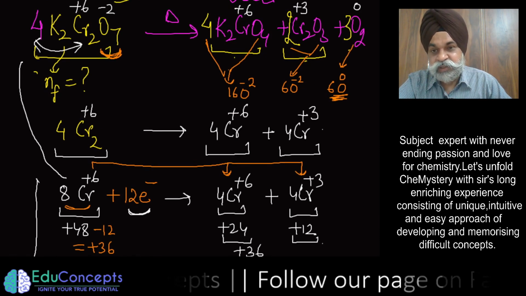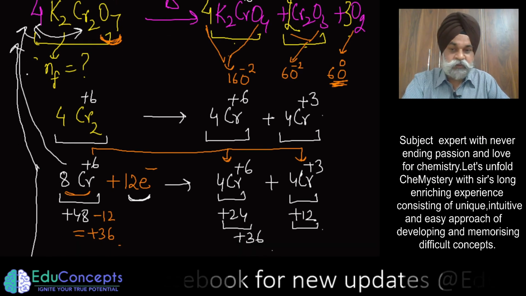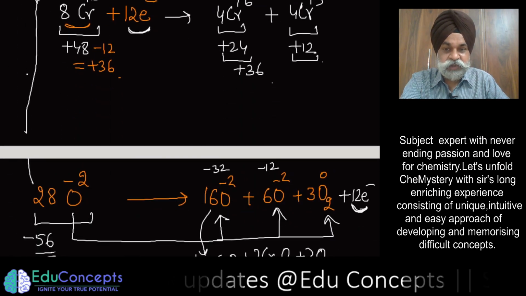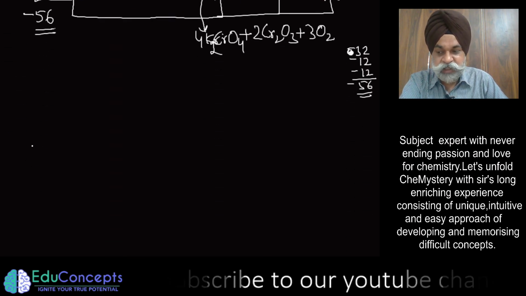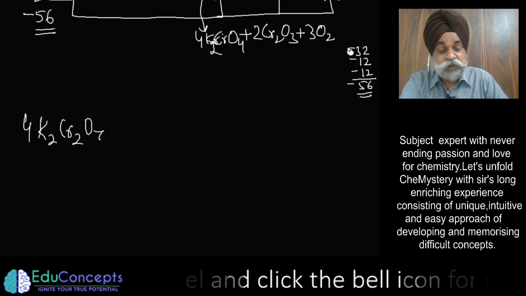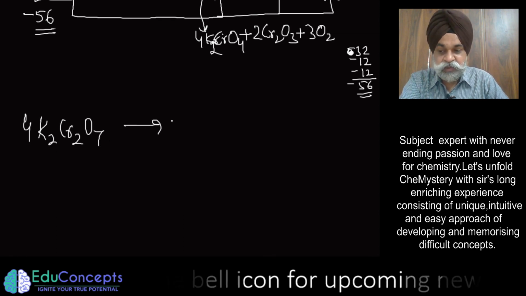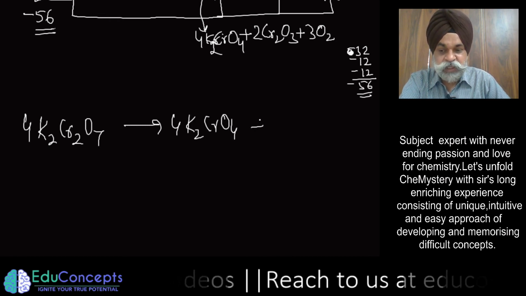So this also is coming from this, and this also is coming from this. So what we are saying is 8 chromiums plus 6, 28 oxygen minus 2, all of them are present in 4 moles of potassium dichromate. This is the viewpoint which we have referred to.